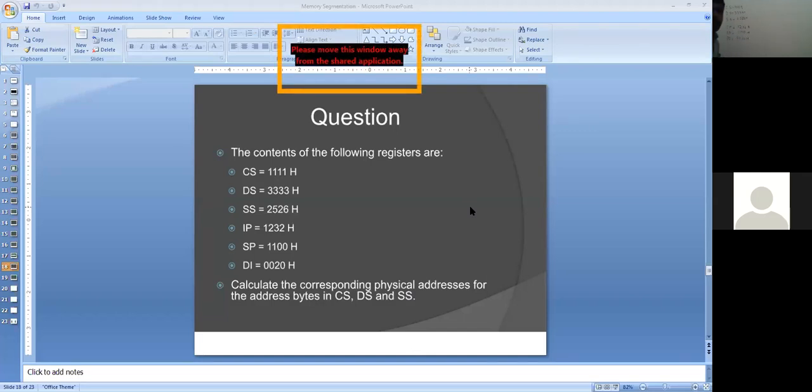Now, we have to calculate the physical address corresponding to the code segment. Now, what is in the code segment? It has 1111. So, what will the bus interface unit do? It will convert 1111 into a 20-bit representation by appending a 0 over here.